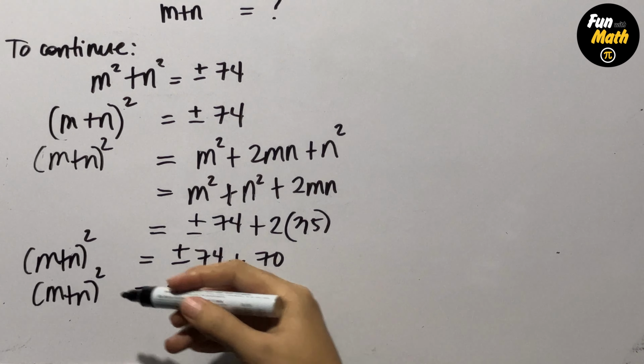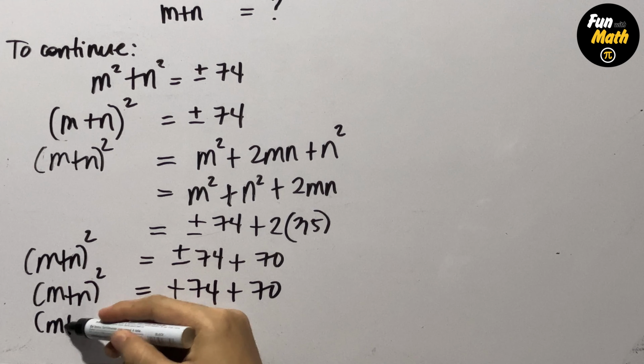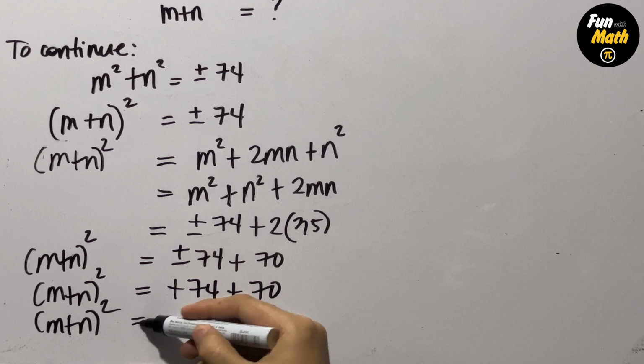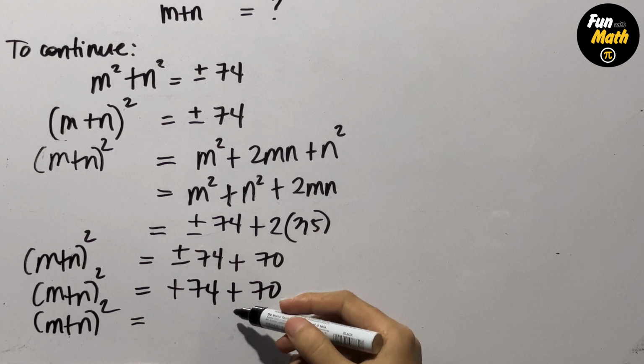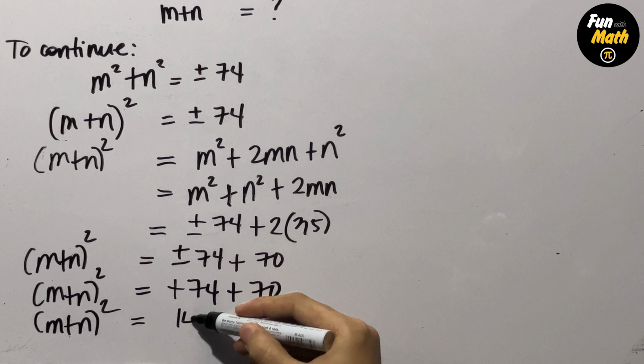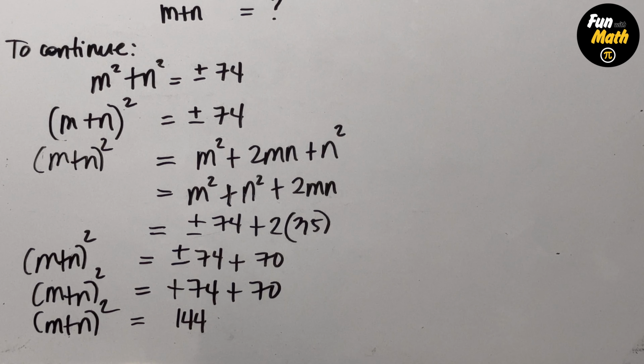And that is m plus n squared equals 74 plus 70, which is 144. Now let's remove this squared by inserting a radical on both sides.